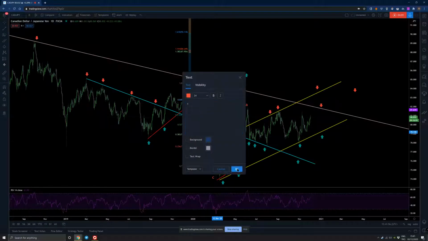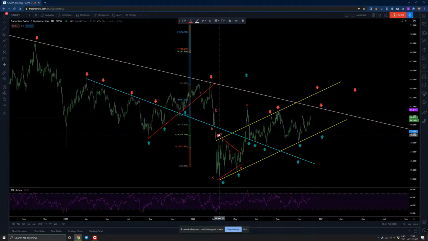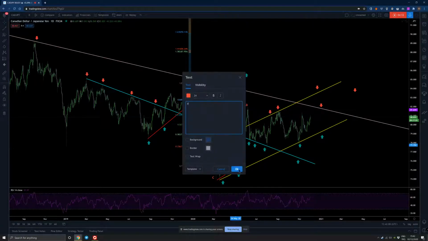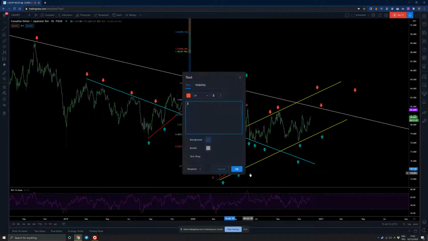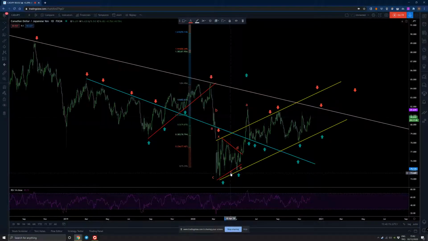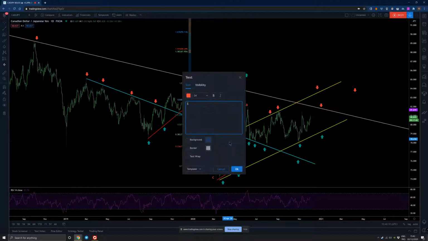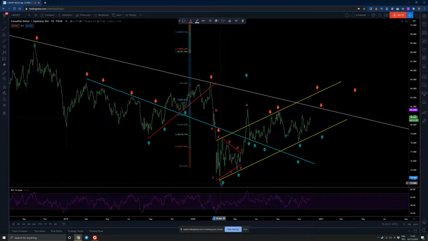I'm sorry, it's not so clear because of these arrows. And after this, we have an A, B, C, D, E. As you can see, this is the E, okay? And that's D. And I'm sure you can imagine we have somewhere around probably C, a B wave, and a wave A of the triangle.